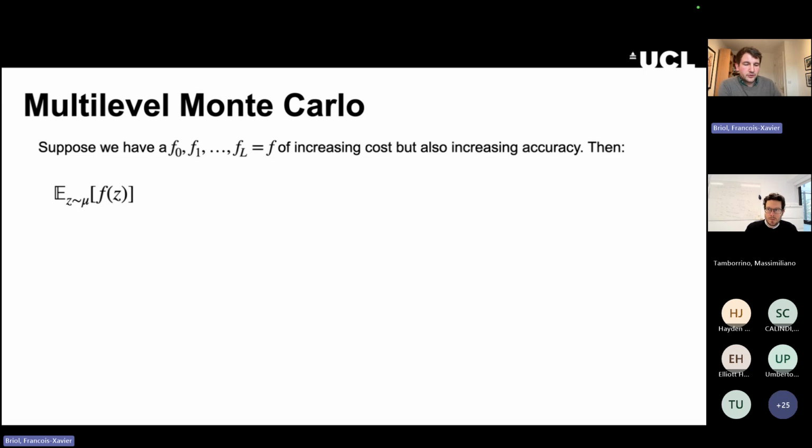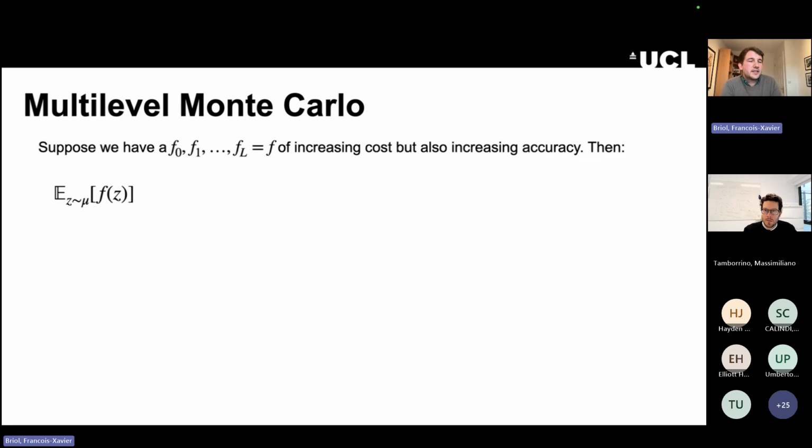Okay, since I don't want to assume that everyone here knows what multi-level Monte Carlo is, let me try to recap what it does. Here you can forget about all of my notation from before, and we're going to start with a very simple problem: approximating the expectation of f against some distribution mu.